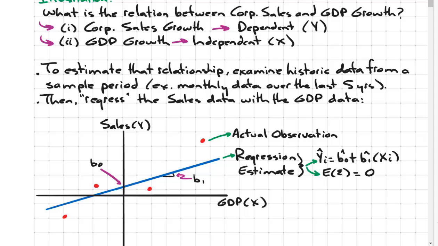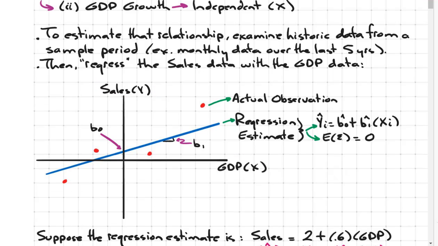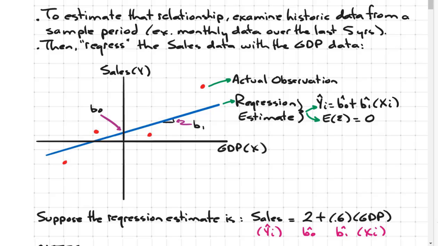So here we go. We're going to do a visual depiction of this exercise. We're going to plot sales on the vertical axis and, I should say, GDP on the horizontal axis. And each red dot represents an actual observation from that 5-year period. So let's just look at this dot. That dot tells us what sales and GDP were for a particular month.